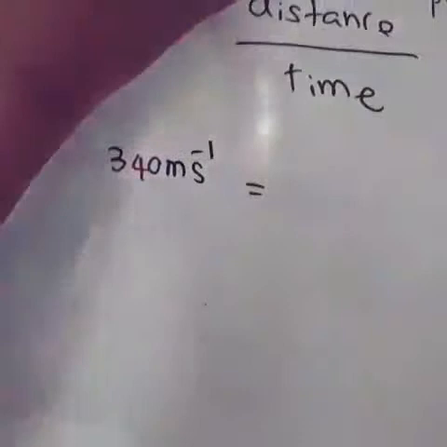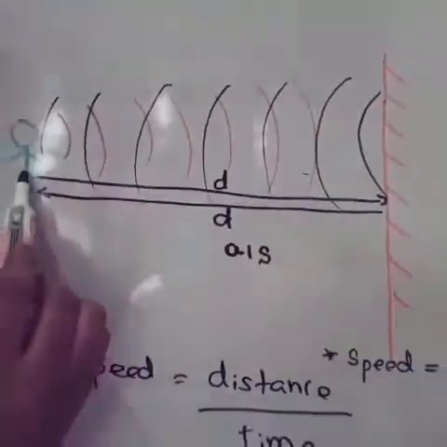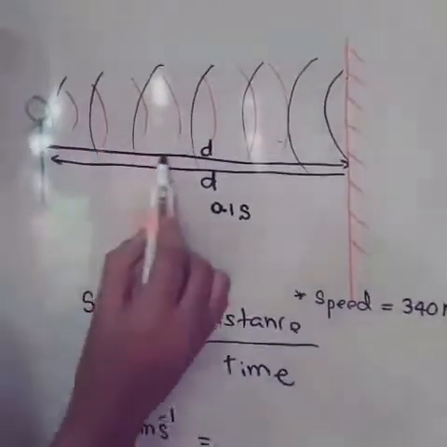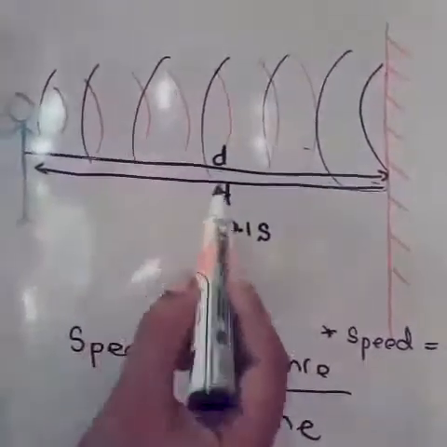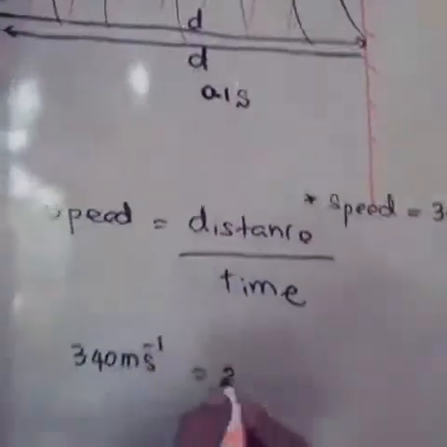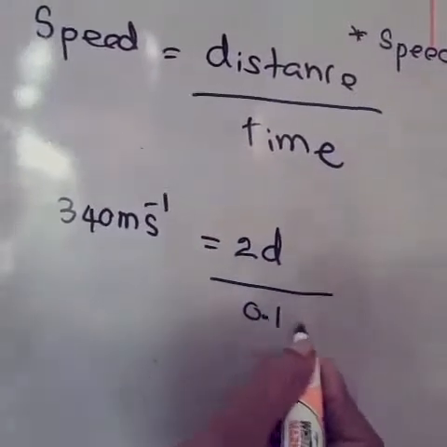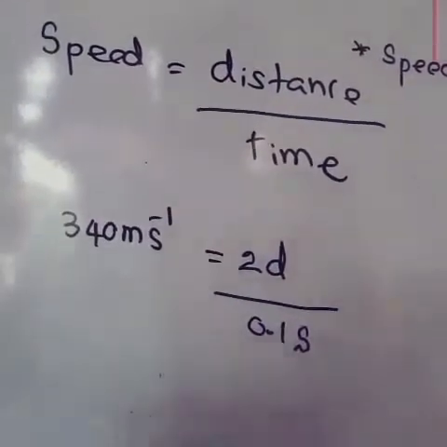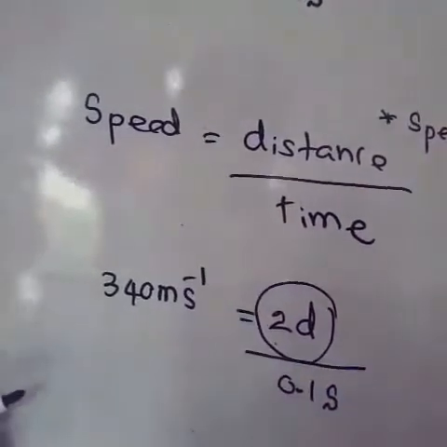The distance, have a clear look at this. So distance means the sound should go this way and it should come back. So altogether the total distance means 2d. Time is 0.1 second. If we want to find the d, we have to solve for d.